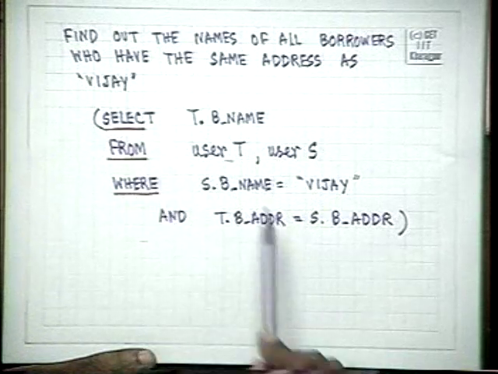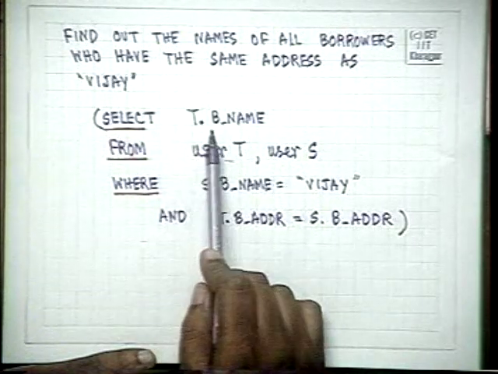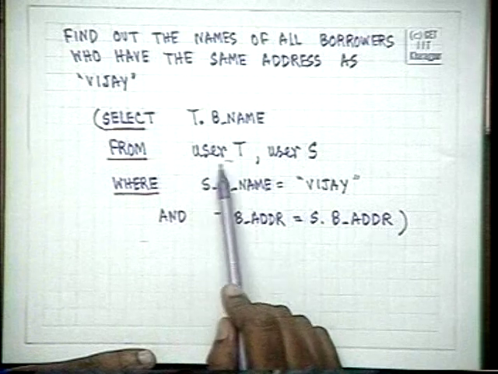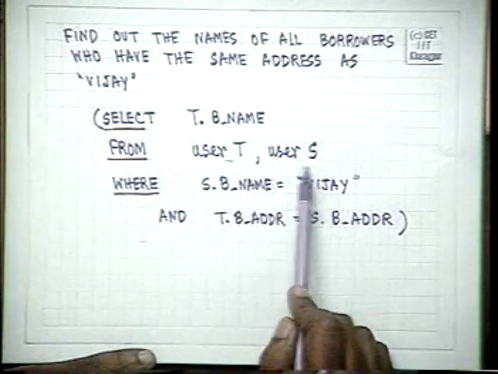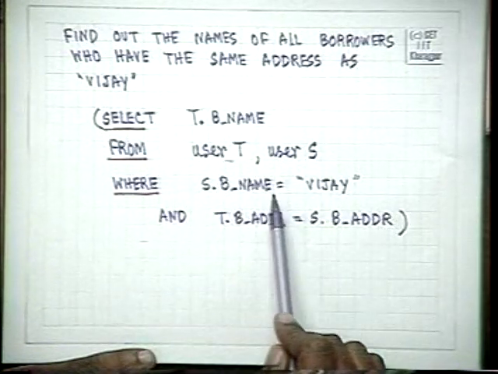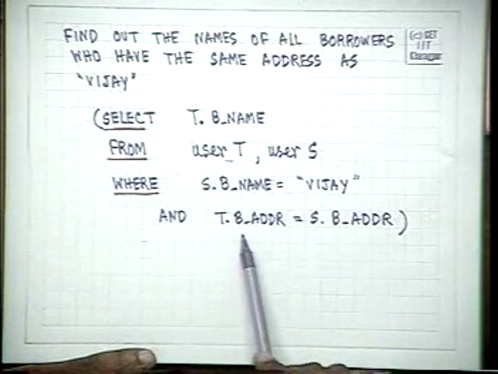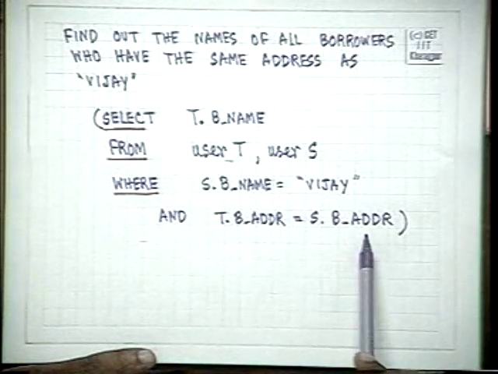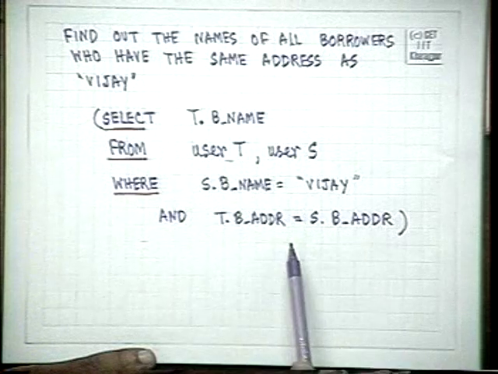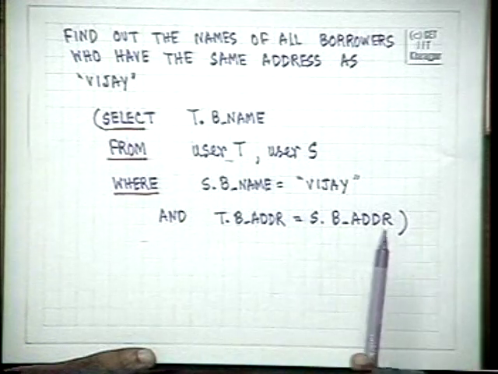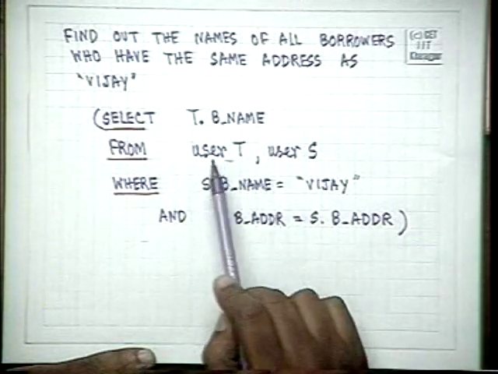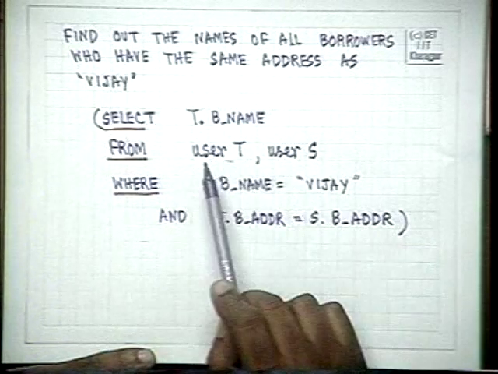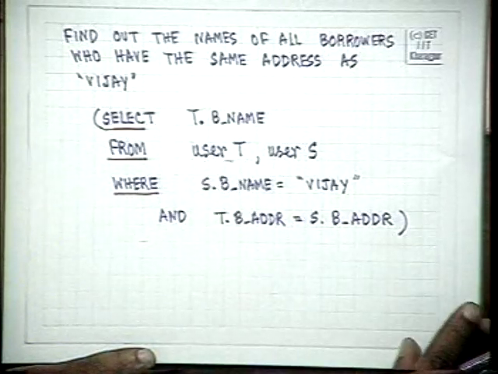And we solve the problem by saying select t.borrower's name from user t and user s, where s.borrower's name is Vijay and t.borrower's address is equal to s.borrower's address. This is how we solve the problem of renaming and doing a Cartesian product on the same relation.